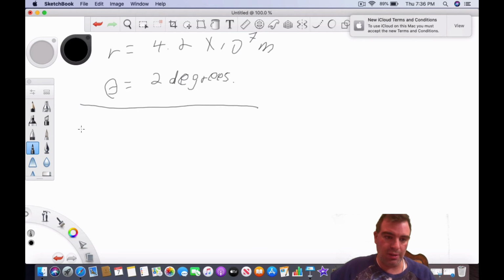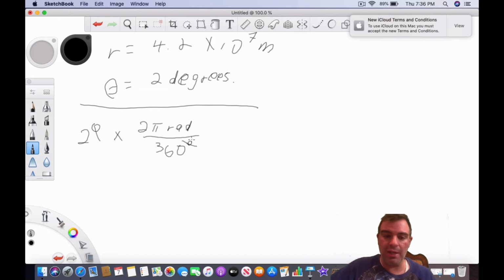So this is how we do this. We have 2 degrees, as you guys can see over here, times, and what do we basically say? You're going to multiply it by the conversion factor. In this case, it's going to be 2 pi rad divided by 360 degrees. So the units, numerator, denominator, degrees cancel, and we are left with rad.